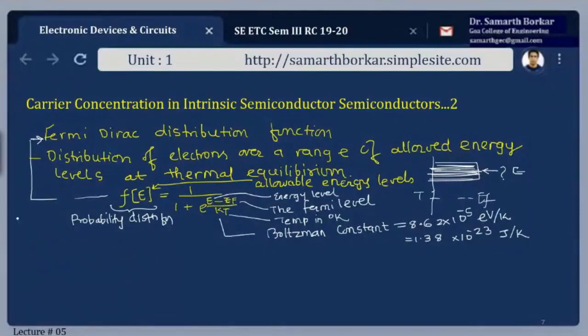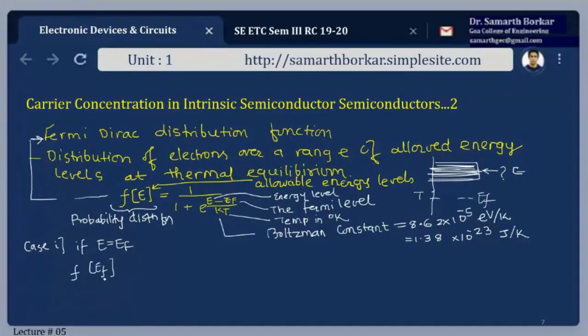Okay, the first case, what is this Fermi level? As we progress, you'll understand it much better. So I'll take the first case, case 1. If energy is equal to EF, that means F of EF.